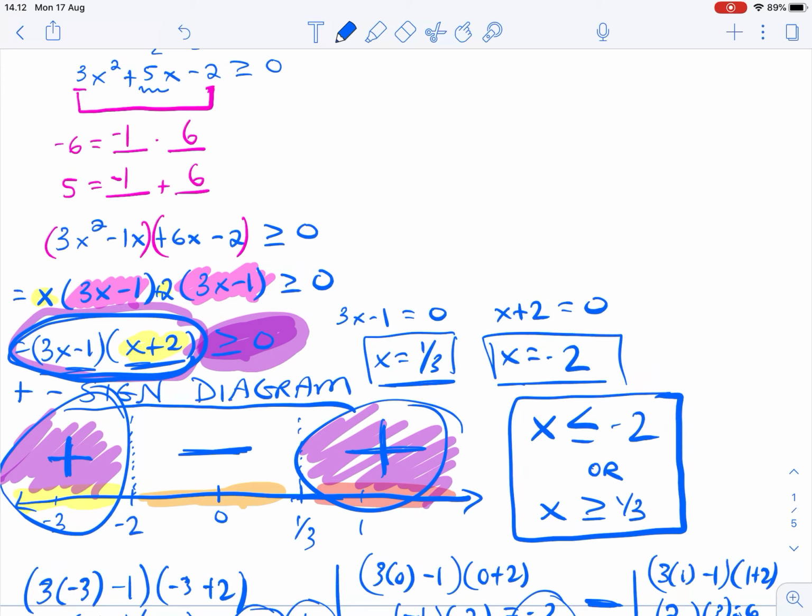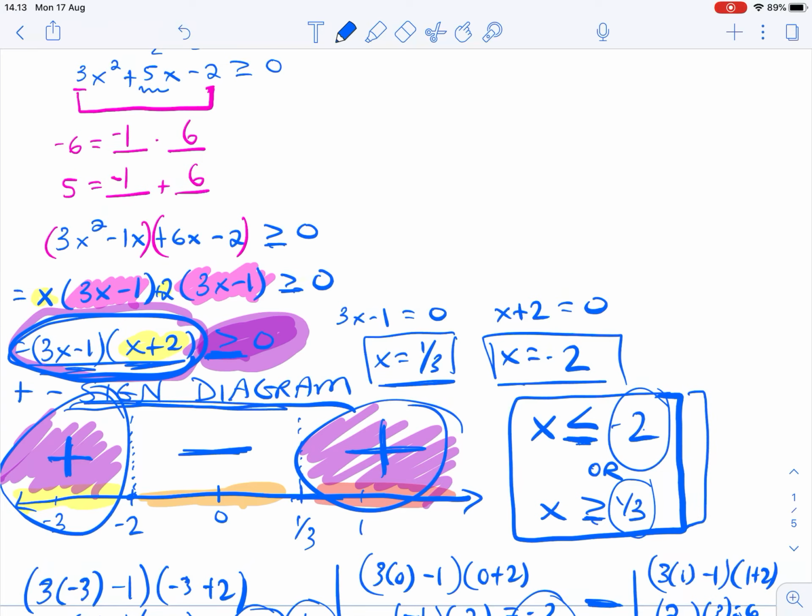The reason that this is equal to is because at negative 2 and 1/3 the expression is equal to 0. If we set it equal to 0, it would be equal to 0 at those points. So the reason that we include negative 2 and 1/3 is because our inequality says also equal to 0. So your answer will always be given in set notation.